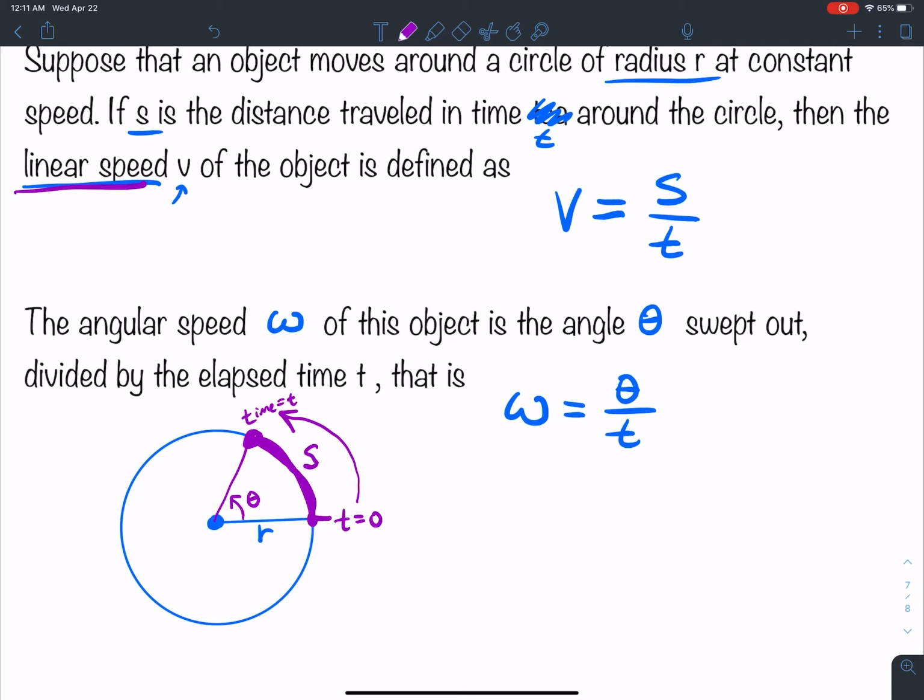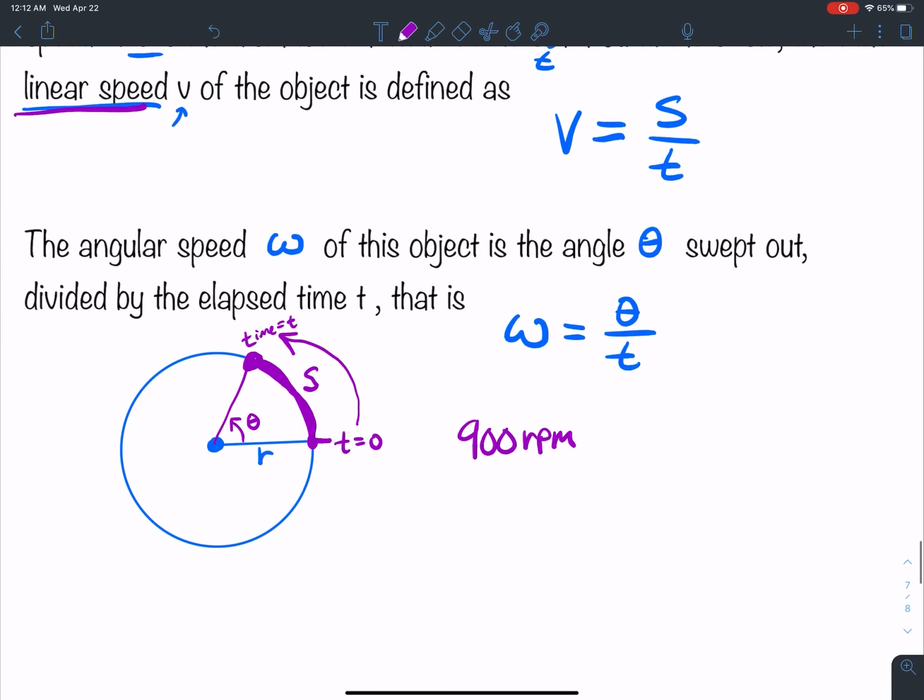So angular speed is the way the turning rate of an engine is described. For example, an engine idling at 900 RPMs, maybe you've heard of that before, that's revolutions per minute, rotates at an angular speed of 900 revolutions per minute. What is this equal to?